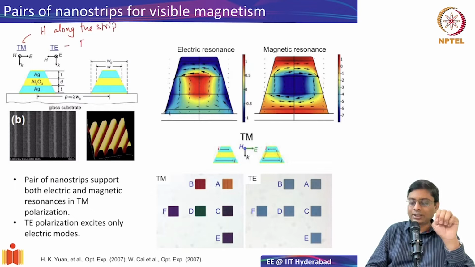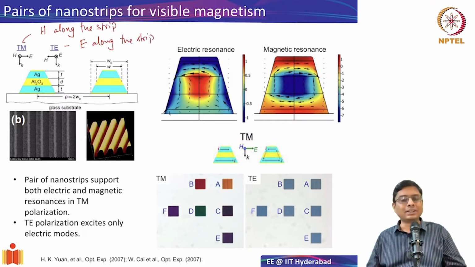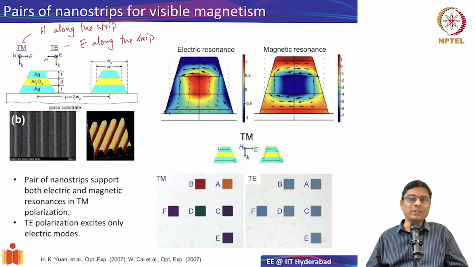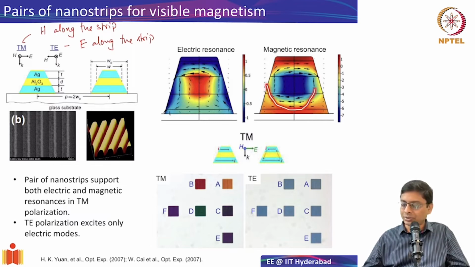I can look at these structures, and you'll see that two types of resonances are excited. When your magnetic field is along the strip, we talked about the circulating displacement current, and that is what is being shown here. The arrows represent the displacement current, going in this circular fashion, essentially meaning that there's a strongly confined magnetic field, which is the blue region here.